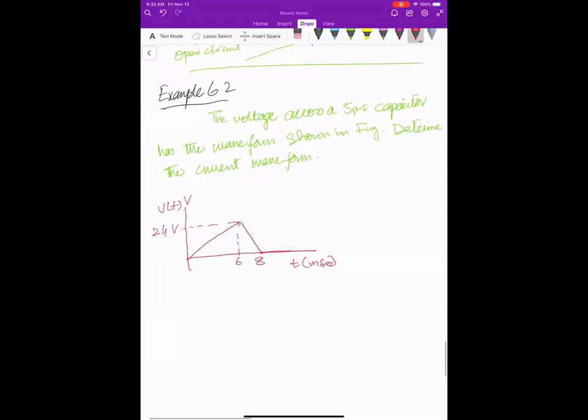Our V of t is given as 24t by 6 into 10 raised to the power minus 3.